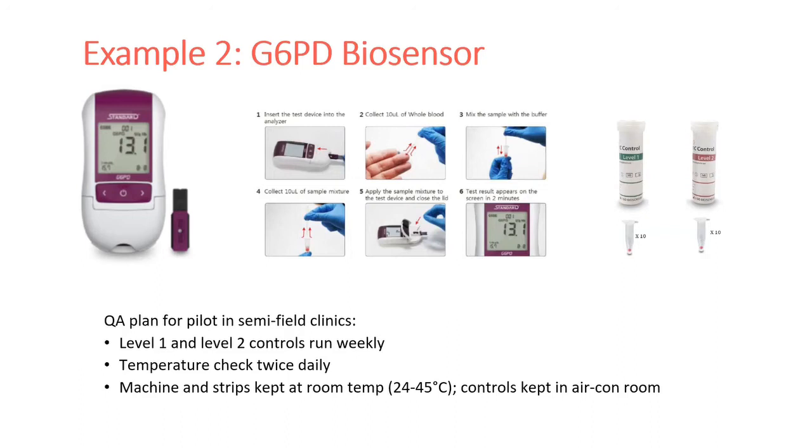We would keep the machine and test strips at room temperature, which actually reached 45 degrees. And so we decided that we would keep the controls in an aircon room, although this isn't required, but we were still piloting, so we wanted to make sure that our control samples were stable. Next.